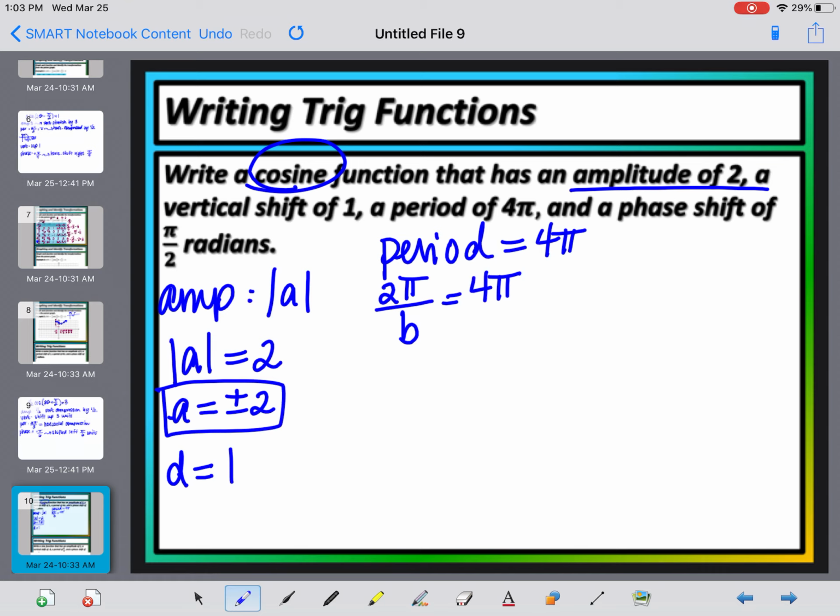Okay, we did a little bit of this in the previous section with those graphs, just kind of taking the period and trying to work it backwards. So 4 pi B equals 2 pi. Okay, so B equals 1/2.